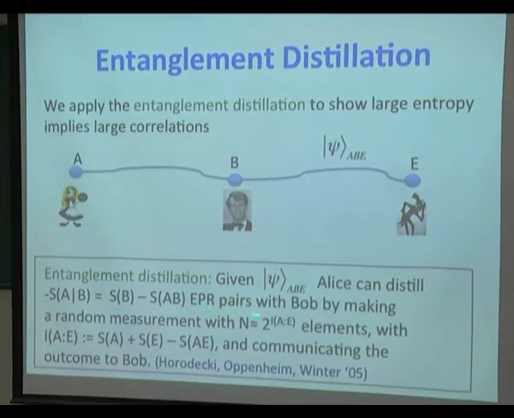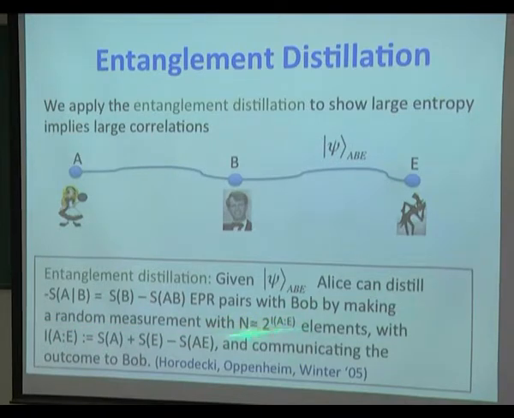This number of EPR pairs with Bob, using a very simple protocol. Of course this general protocol can involve measurement, communication again, infinitely many rounds if you want. It can be very complicated, but this protocol is quite simple. So Alice just makes a random measurement on her system. I'll give you the details in the next slide, with this number of elements, okay?